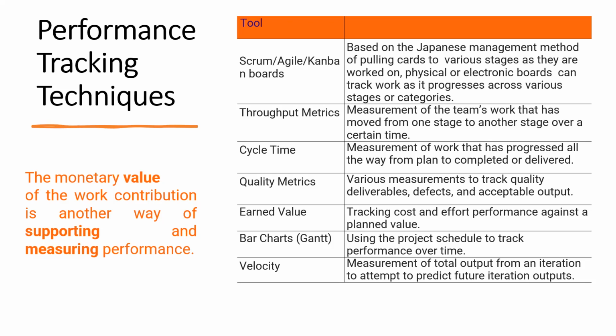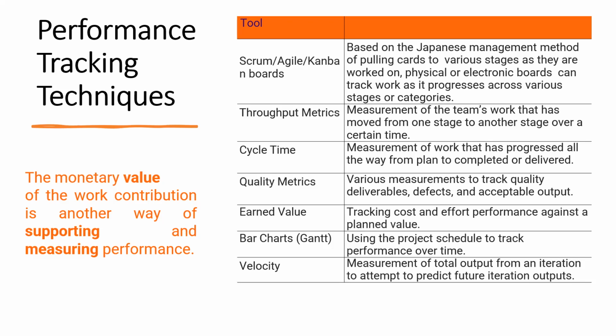How many of the people that we had in our plan have been taken to completion? That is cycle time. And how many have been moved from one stage to another? It could be from stage A to stage B, from stage B to stage D, and what have you. Quality metrics. These are basically various measurements that help to track quality.